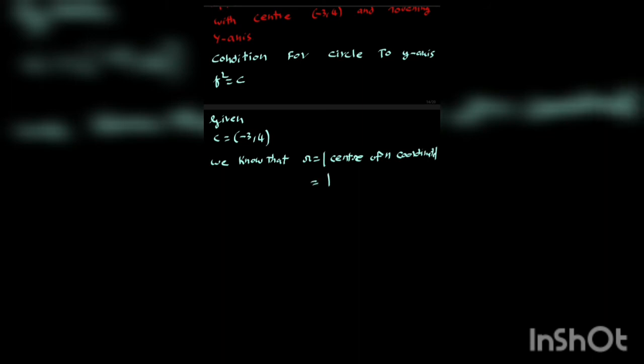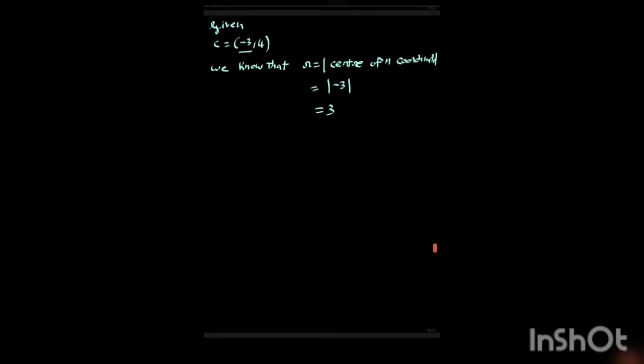So what is x coordinate here? Minus 3. So minus 3, that is 3. So r is equal to 3.